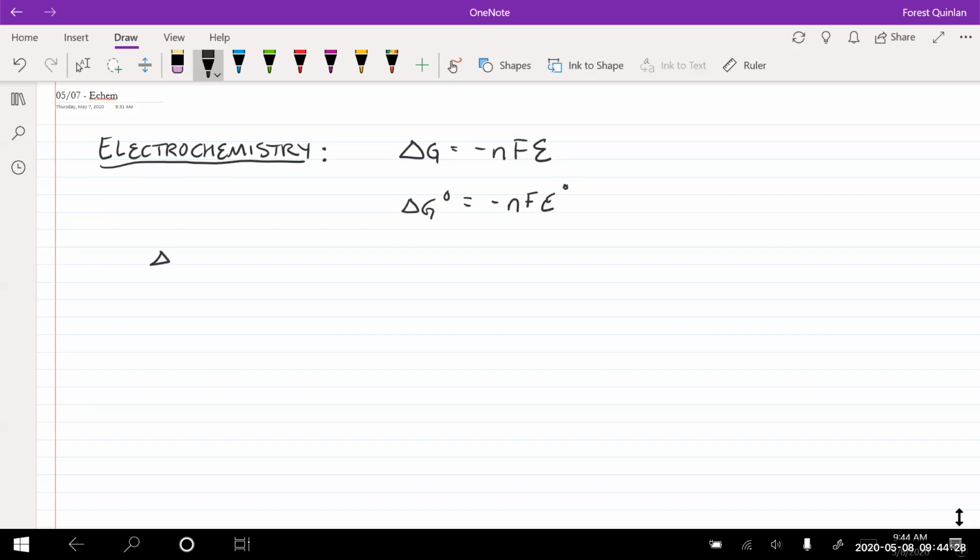And just to remind ourselves again, delta G is the Gibbs free energy. And now n is going to be the number of electrons transferred. F is going to be Faraday's constant.